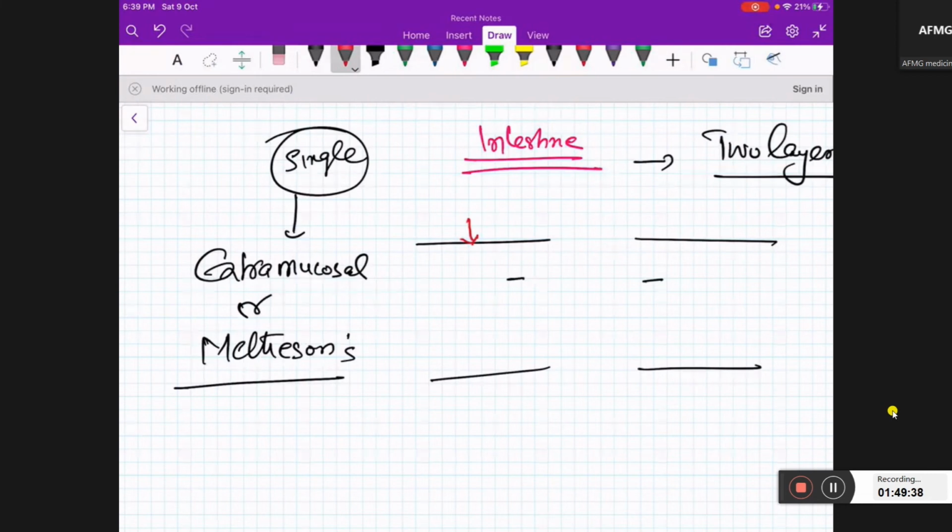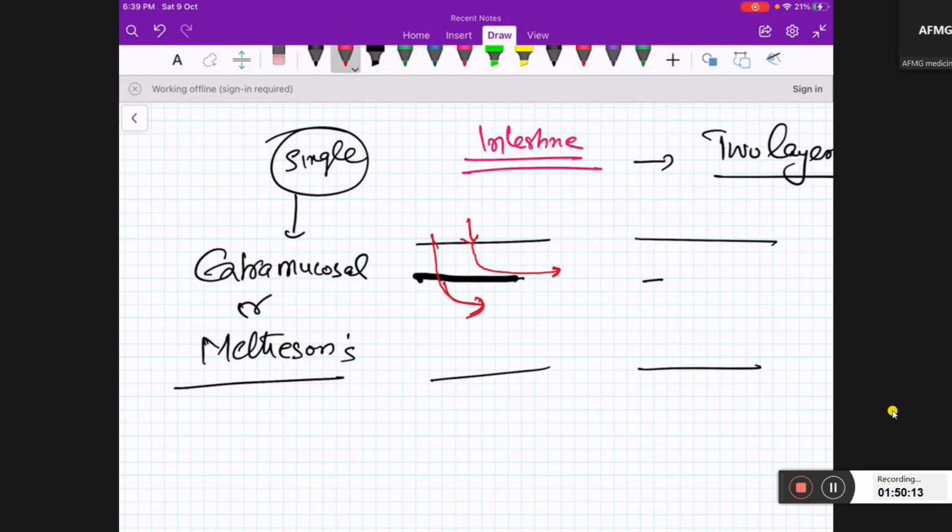From the serosa we are going from out to in. Now, instead of coming out through and through, this is mucosa. I will not come out like this. I will come out behind the mucosa. I will not take mucosa in my bite. It is not a through and through bite.